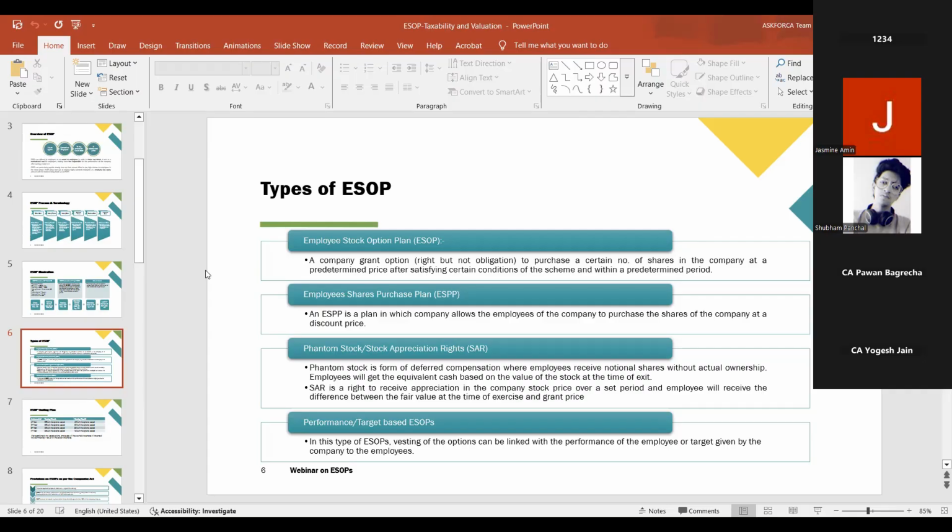If the company says that you will get notional shares, say 500 shares, and the value of those shares is 10 rupees, and after 5 years the value becomes 5,000, then the company will pay in cash directly, and it will be taxable as salary, because there is no option. The employee will get the cash value according to the increase in the share value.